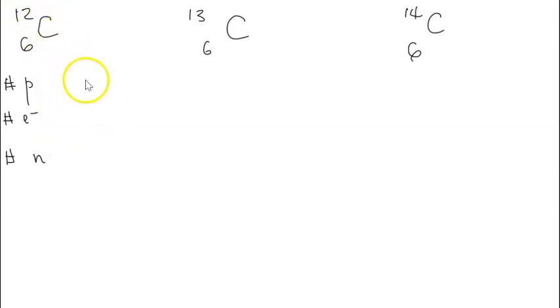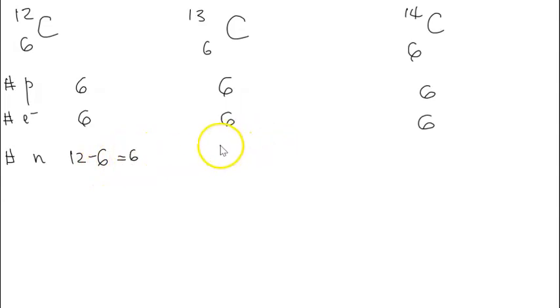Number of protons here 6, 6, 6. Number of electrons 6, 6, 6. Number of neutrons, that's 12 minus 6, which is equal to 6. 13 minus 6, which is equal to 7. 14 minus 6, which is equal to 8.